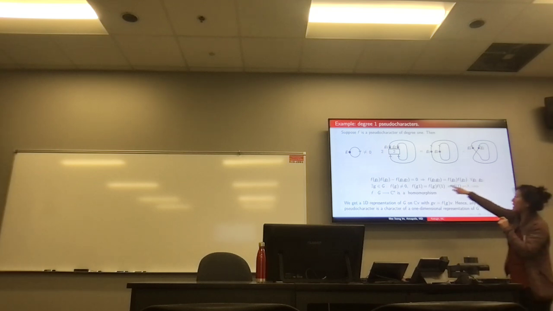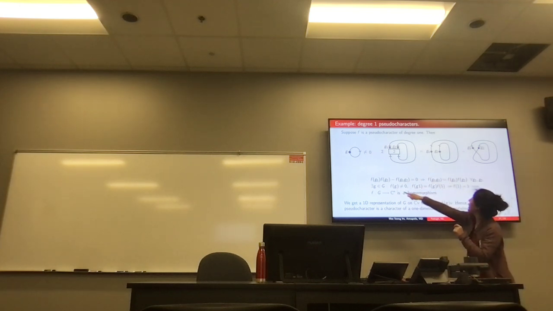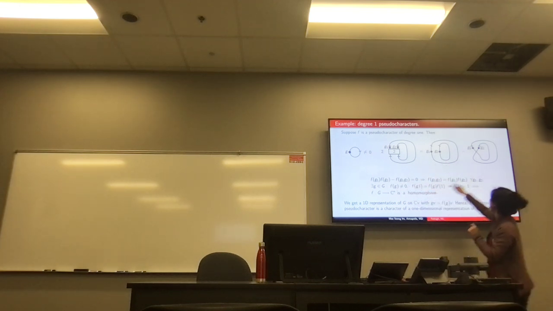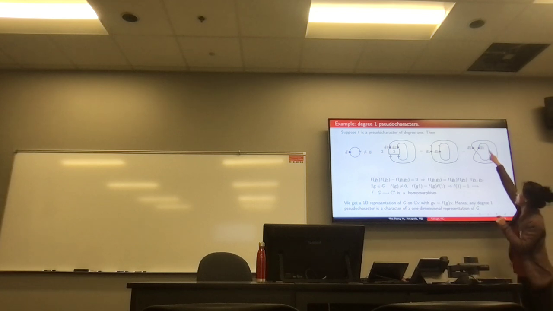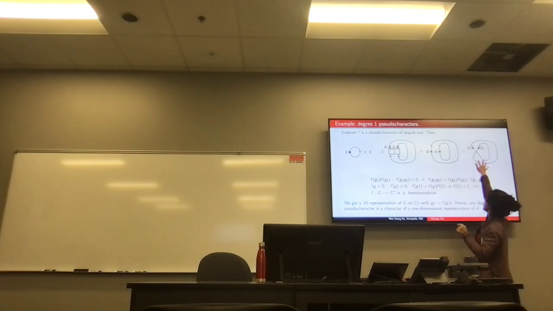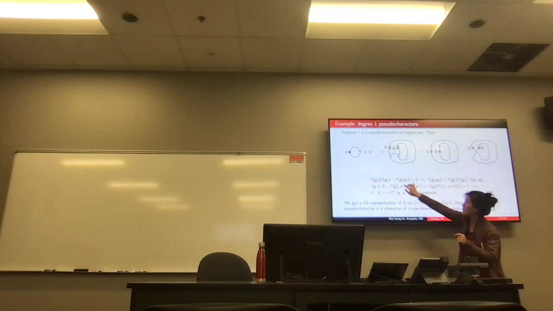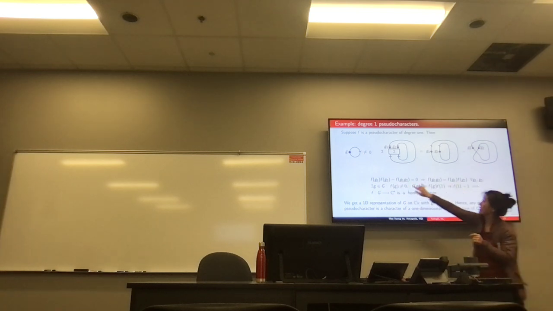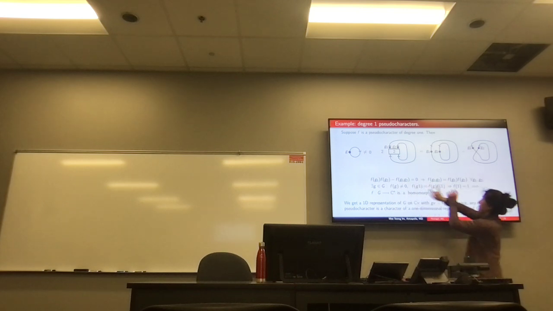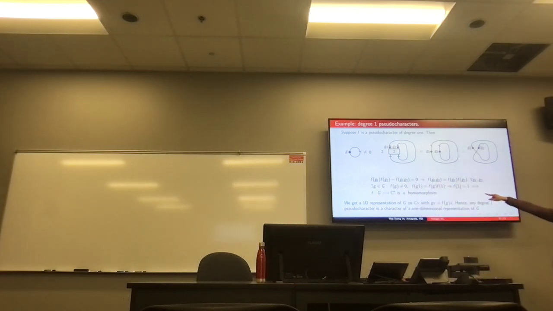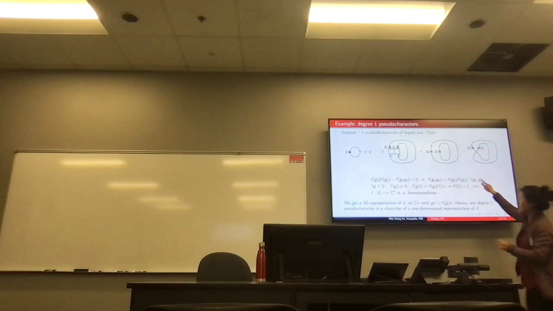So now, what do we mean? This means that f of g1 times f of g2, minus f of, we follow along the string. You can untangle this, just pull this out. So f of g1 g2, that's the second term here, that's equal to 0. So what this means is that you can move this to the other side, but then flip them, and you get this: f of g1 g2 is equal to f of g1 times f of g2 for all g1, g2.